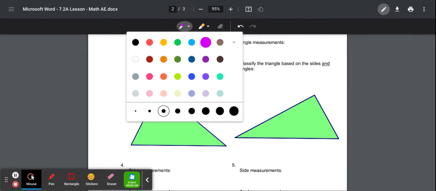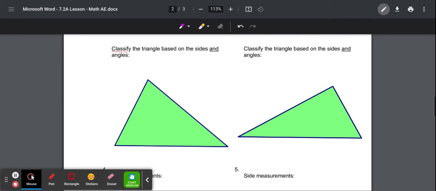If you take your ruler and measure the side lengths of the triangle provided, this left side is about 5.5 centimeters. The right side of the triangle is 7.8 centimeters. And this bottom side is 8.4 centimeters.